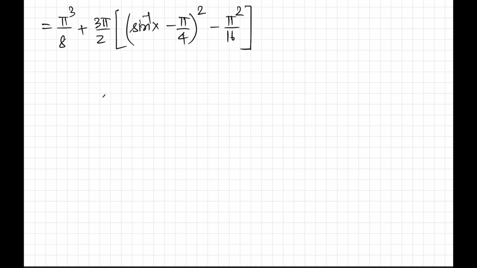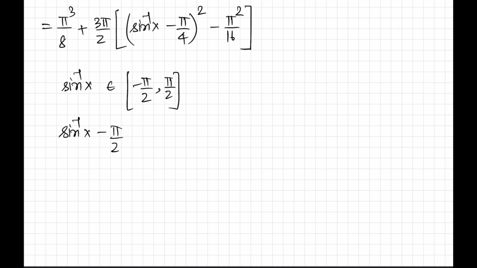So now what we know is sine inverse x belongs to minus pi by 2 to pi by 2. If we subtract pi by 4 from there, we can write this belongs to minus pi by 2 minus pi by 4, which is minus 3 pi by 4, comma pi by 4.